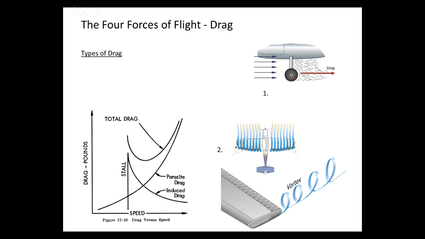The other, I'll say, complex force for discussion is drag. Drag is similar to kind of what you're familiar with when you drive your car. The classic definition of drag is anything in the relative wind that opposes the aircraft's forward travel. So the landing gear produce drag, the wings produce drag, the entire aircraft produces drag.